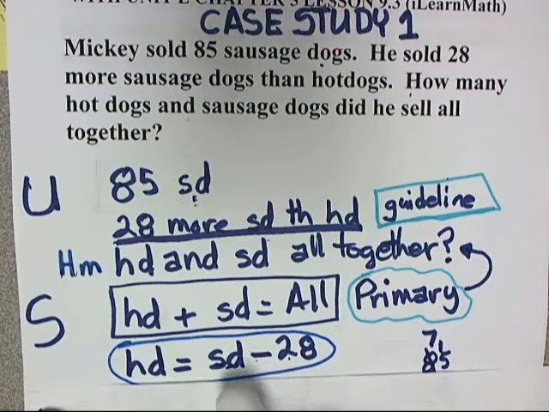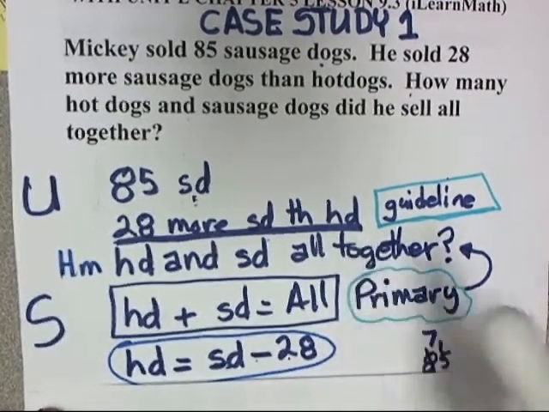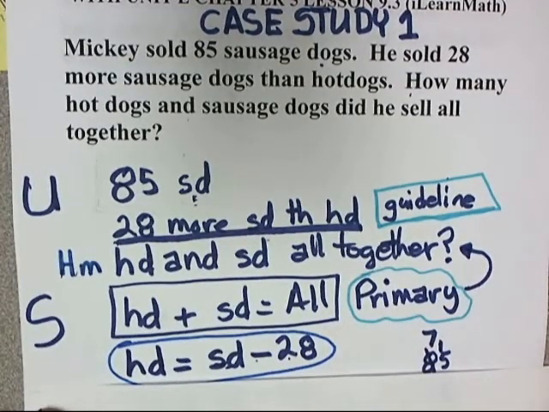I put hot dog right here because I do not know what hot dog is, so it will be on this side of the equal sign. The primary equation is hot dogs plus sausage dogs equals all, because I have to add them together to come up with the final answer.